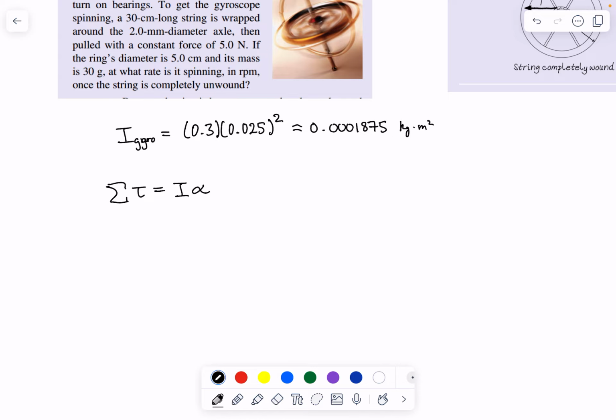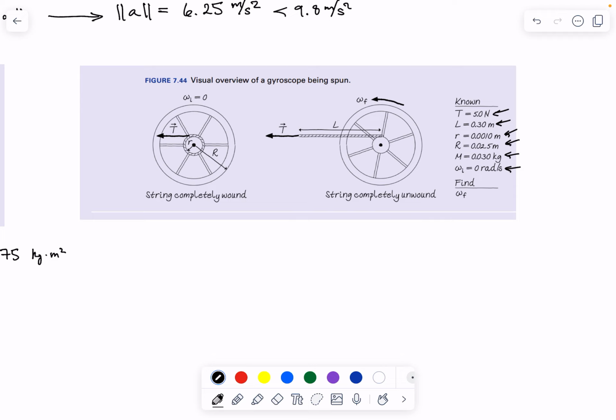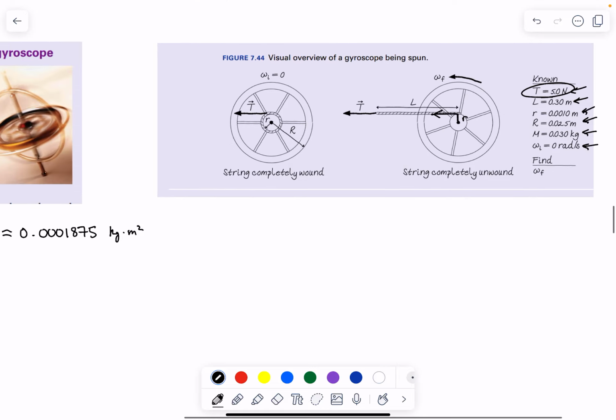So what are the torques acting on this gyroscope? Well, we have a tension force that's sort of pulling here. Notice how it's pulling a distance. This is what they call little r from the center. This is that 0.001 meter distance. And with a tension force that we now know, that's 5 newtons, right?